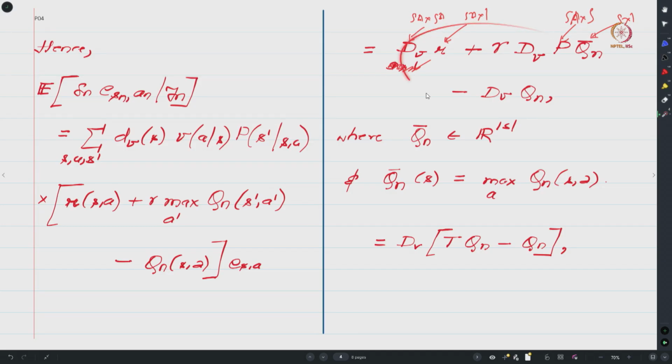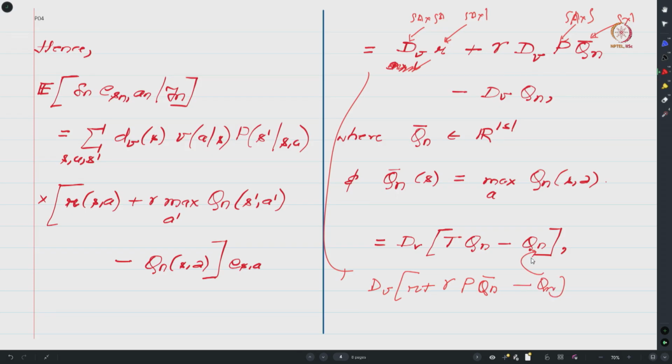Now this quantity over here, if you pull d nu outside, you will end up with d nu times r plus gamma p q bar n minus qn.